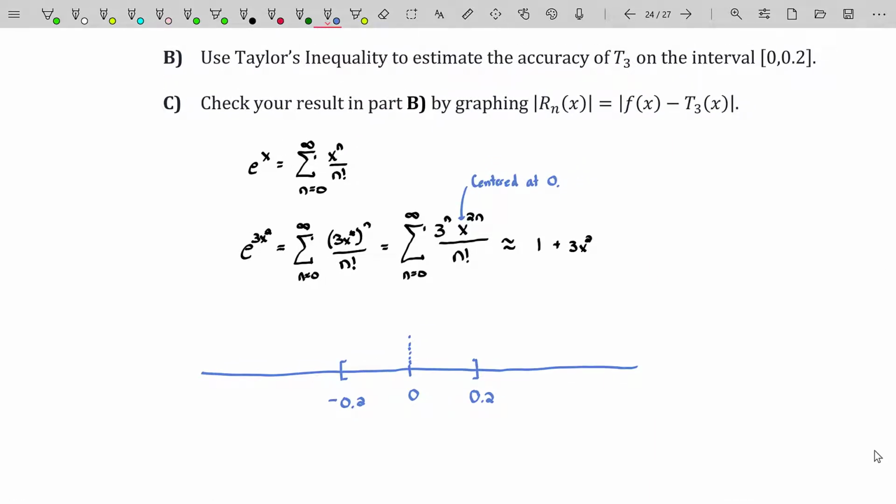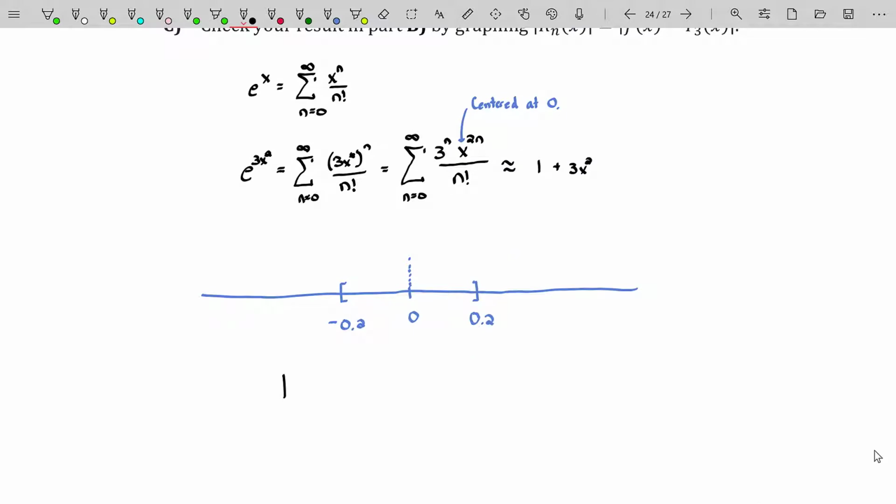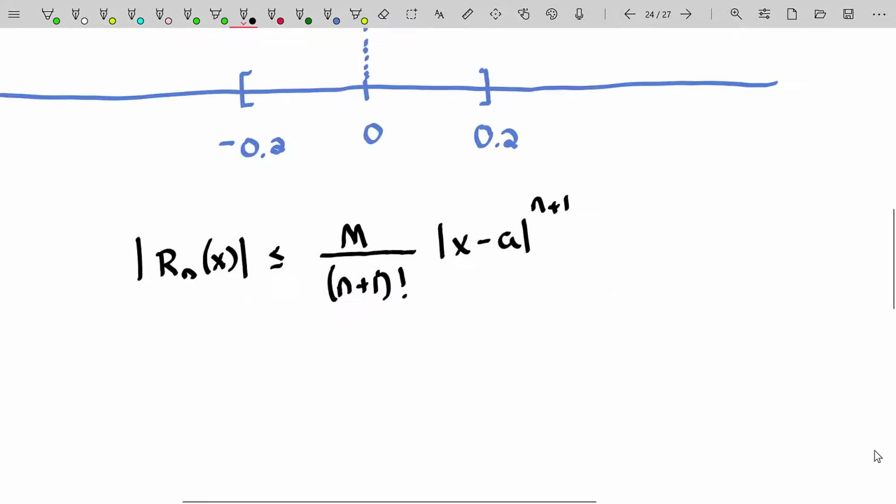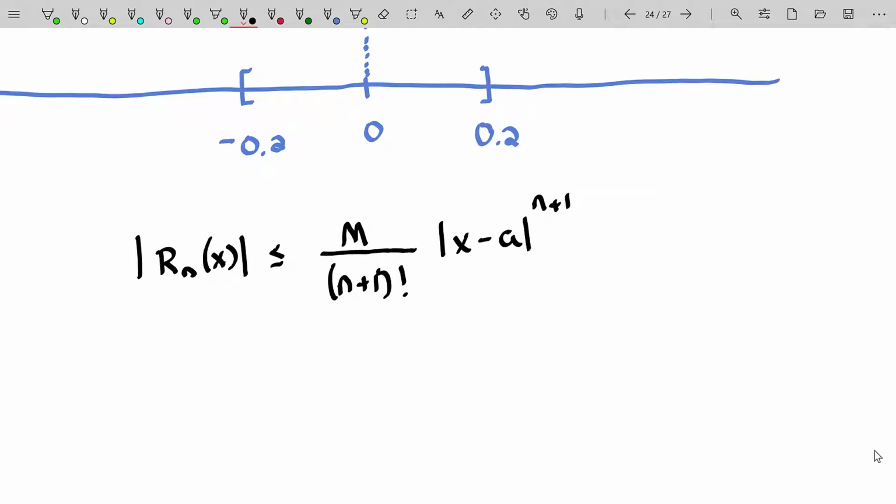Now, to remember Taylor's inequality, because it is an inequality that's pretty obscure, we use the fact that the absolute value of the nth remainder, which is what I call the error, is less than or equal to some number M over n plus 1 factorial times the absolute value of x minus the center to the n plus first power.